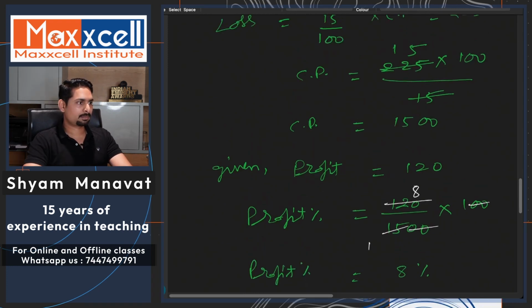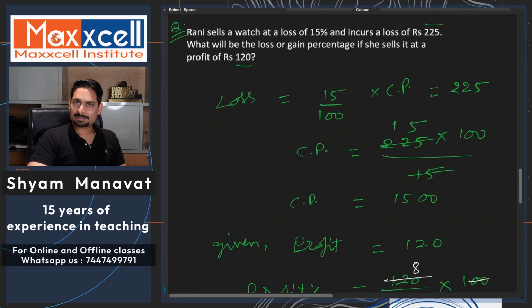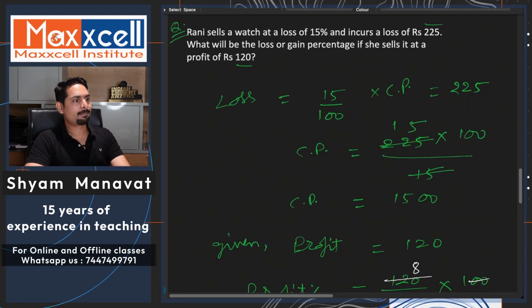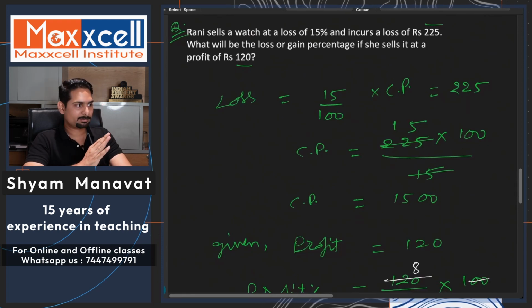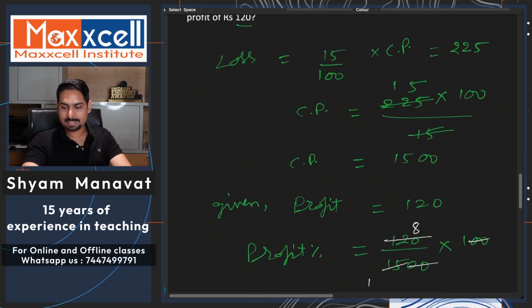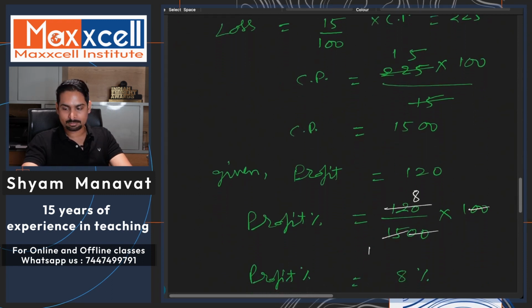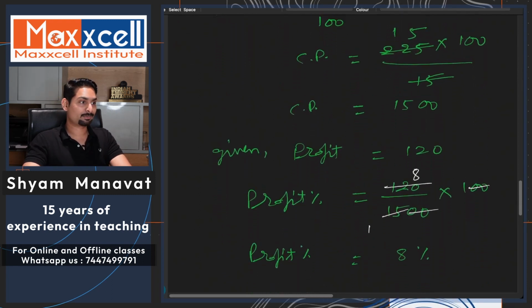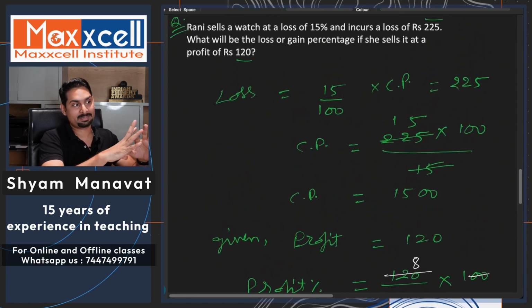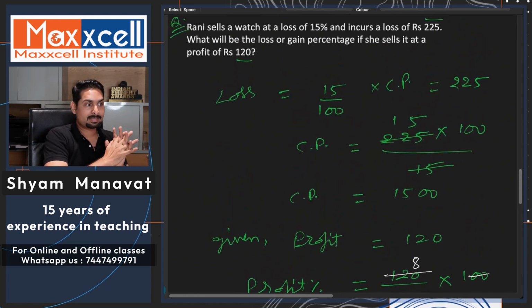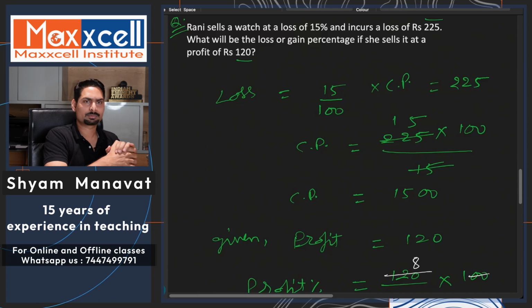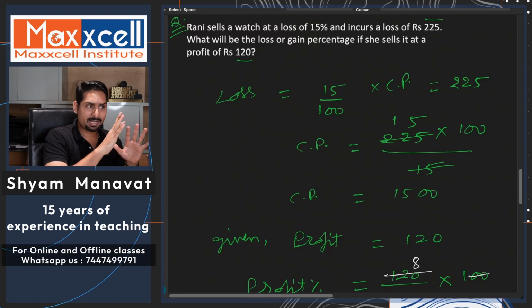I hope the question is clear to you. No formula is used, just the concept of loss and profit percent. And I know what is going on in your mind. You might be thinking that if there are different miscellaneous questions like this, then how will we identify which formula to use? Relax, it does not happen overnight.